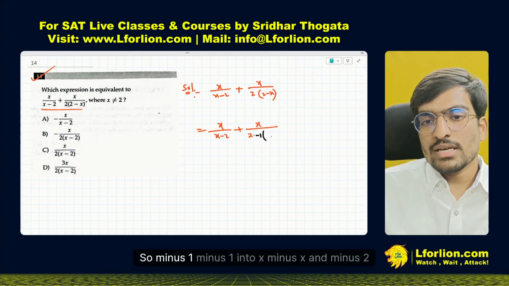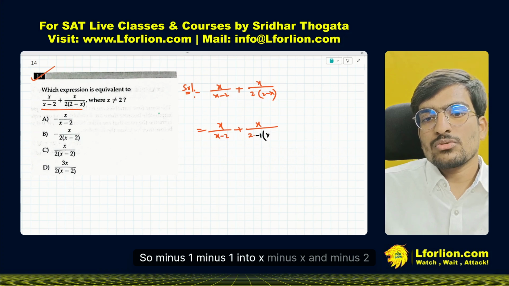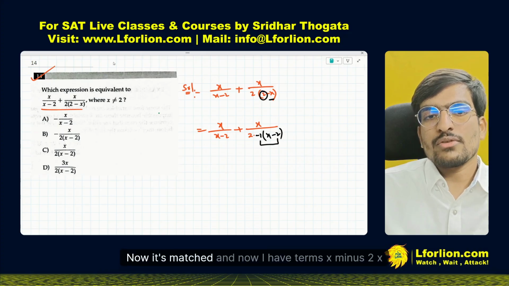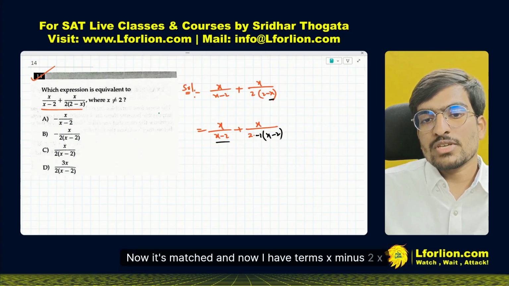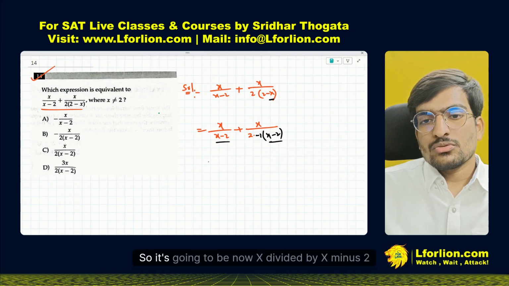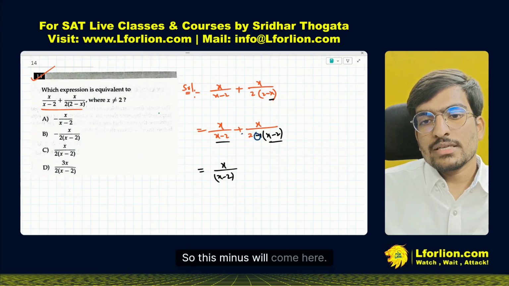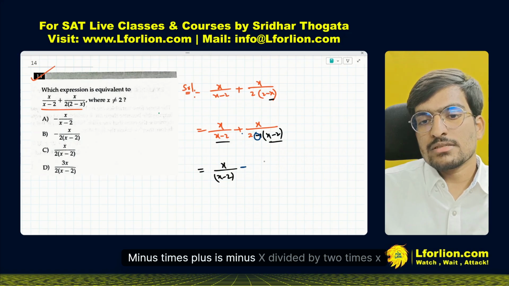So minus 1 into x is minus x, and minus 1 into minus 2 is positive 2. Now it's matched, and now I have terms x minus 2, x minus 2. So it's going to be x divided by x minus 2, not plus, here we have minus. So this minus will come here, minus times plus is minus, x divided by 2 times x minus 2.